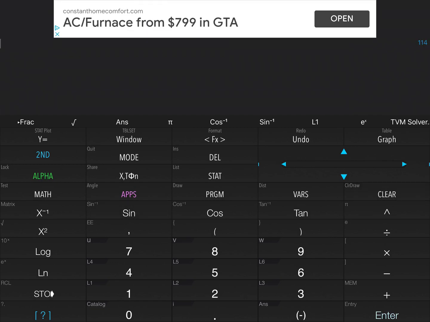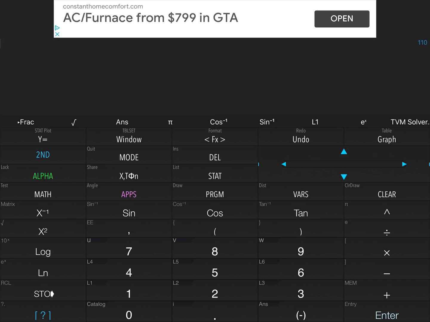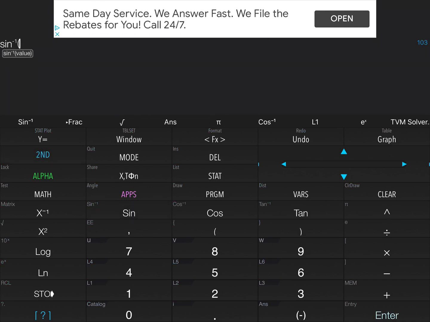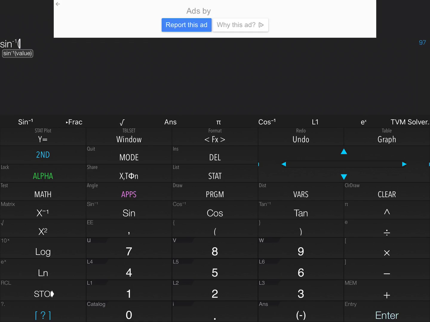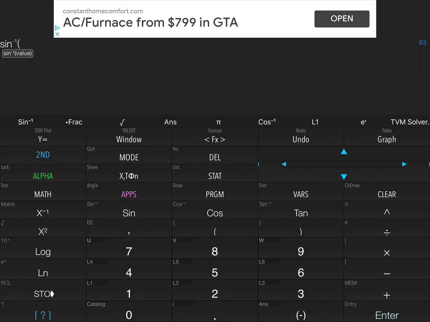Whenever a function is given in lighter color, that means that you have to press second function and then that particular button. Notice how sine -1 appeared on my screen.